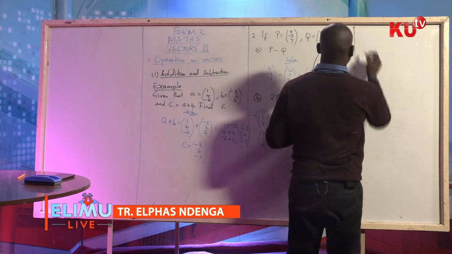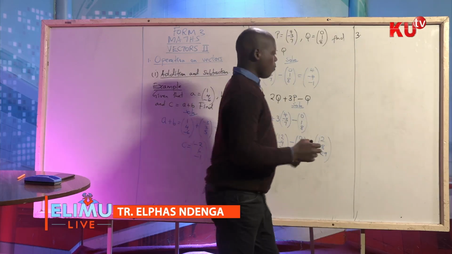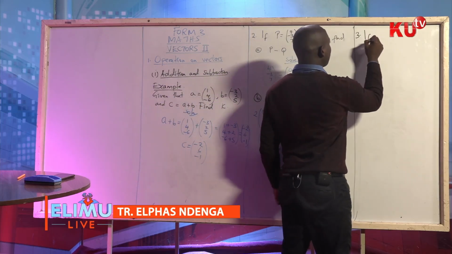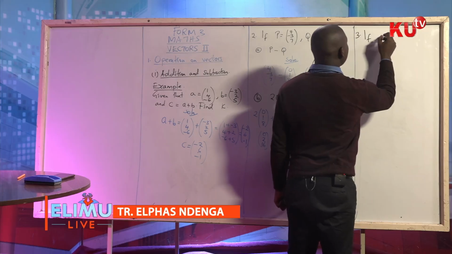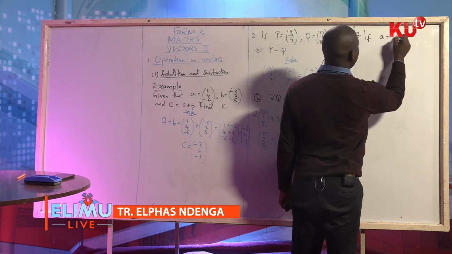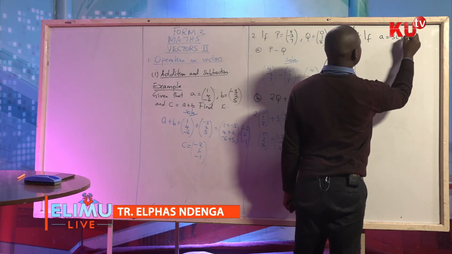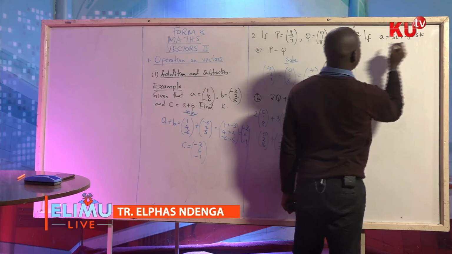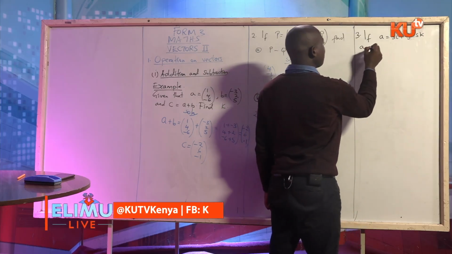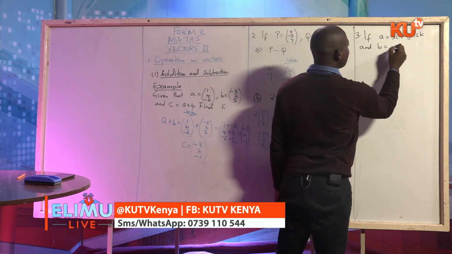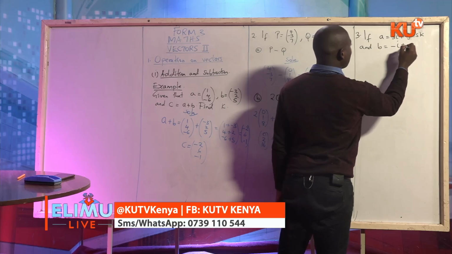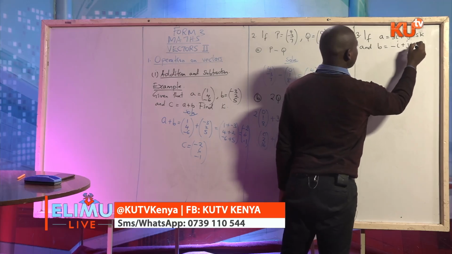Question 3, students. We are told that A is 3i plus 2j minus 5k and B is negative i plus j plus 2k.